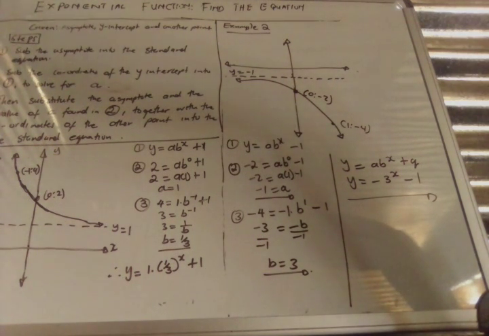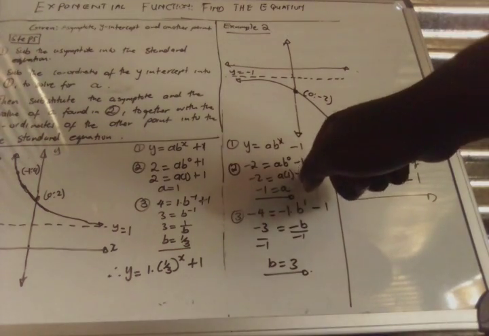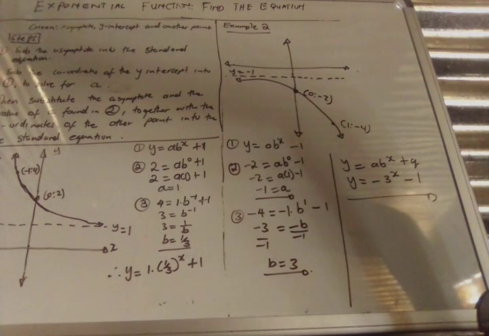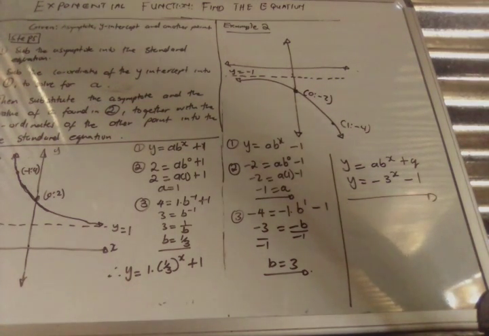But we know that anything to the power 0 is 1, so we'll have negative 2 equals a times 1 minus 1. So a times 1 is a, and then we take the minus 1 to the other side, it becomes positive, and a becomes negative 1.